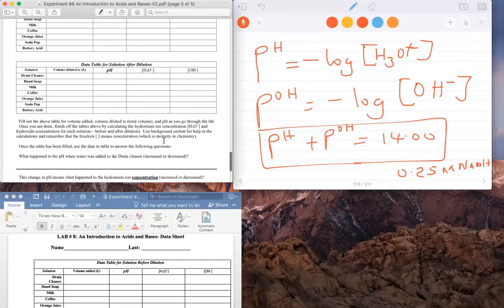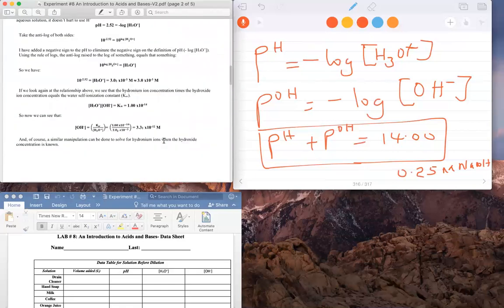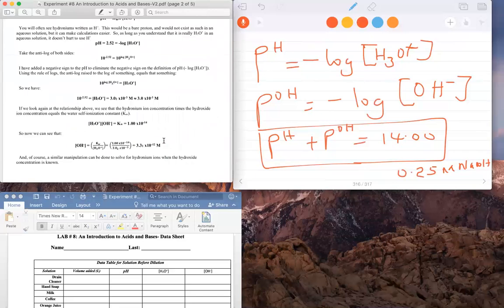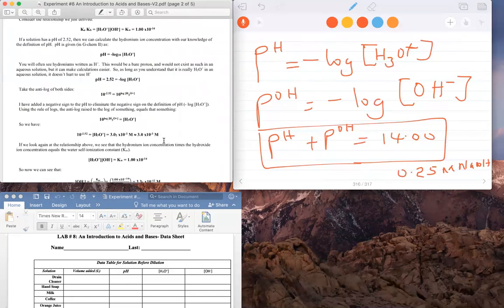This one, I want to point out the pH and the hydroxide concentration. Yes, let's start here. Look at the lab manual, or rather the handout where my cursor is. If you are given a solution, look at this.